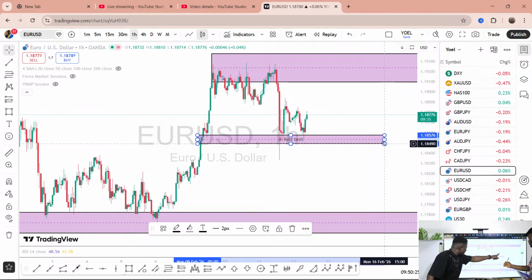This is where price is right now. That's where it is now. This is our 5 minutes. Okay, look at what it's doing right now.